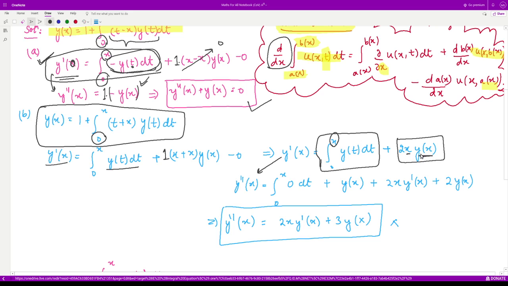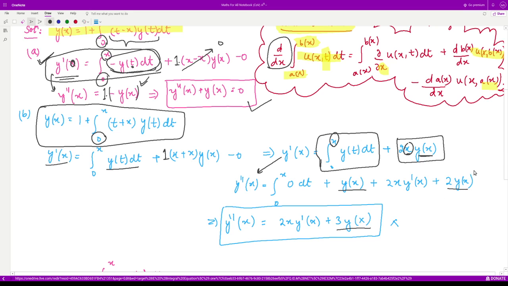So firstly I'll take the derivative of y dash x, so 2x as it is, y dash x, plus 2 into the derivative of x, which is 1, into y of x, right? So the second derivative would simply be y double dash x is equal to, we can add up these two, so it'll be 3y of x and 2x y dash x.